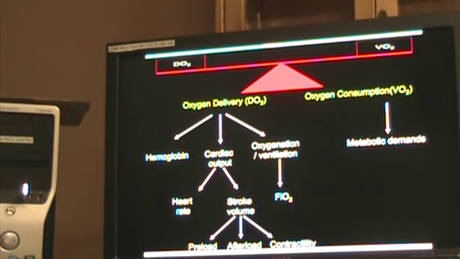So this nice little chart here delineates the difference between delivery and consumption of oxygen in this balance, DO2, VO2. One of the things that can drive up oxygen consumption is when our metabolic demands are increased. Well, what are instances when we have increased metabolic demands?